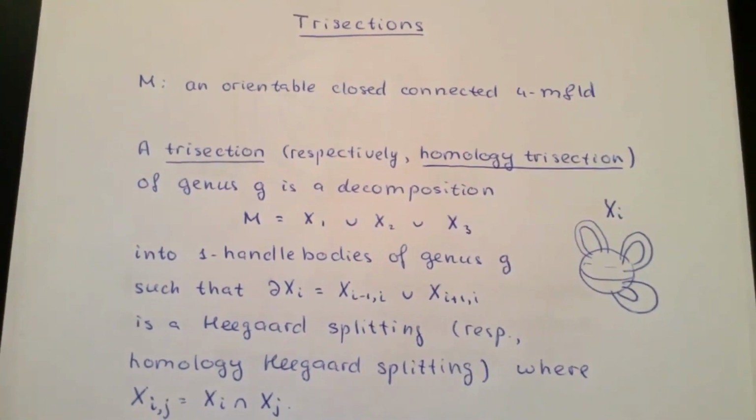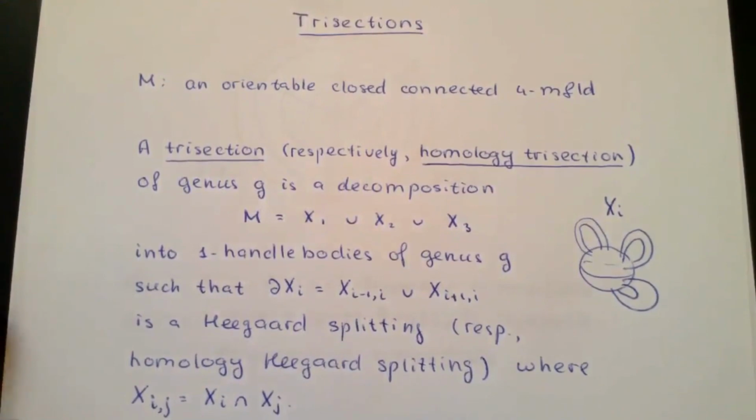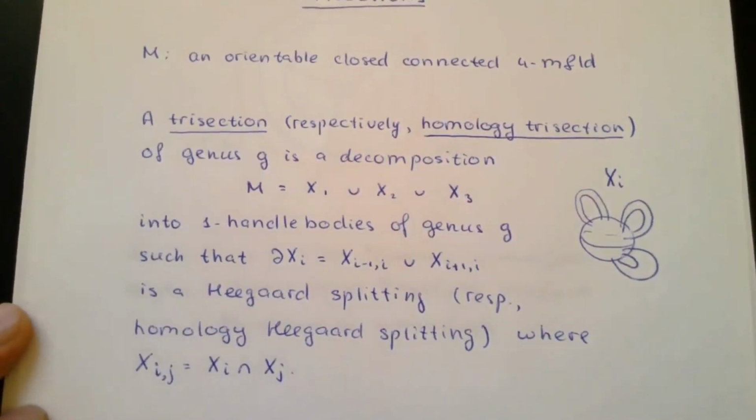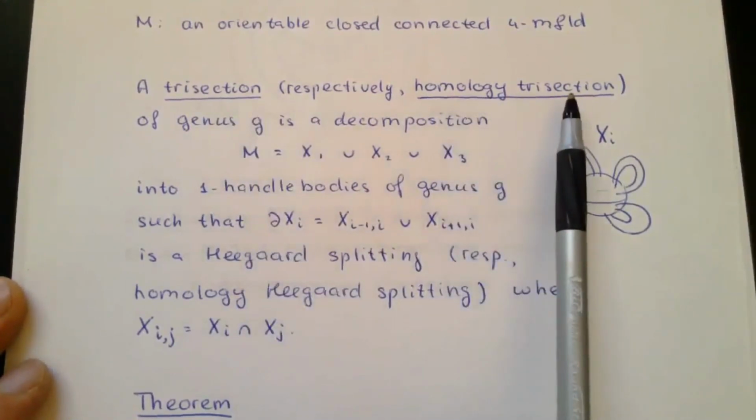Recently, in four-dimensional manifolds, there appeared a new technique which is called trisections. Trisections turned out to be a very powerful tool for studying four-dimensional manifolds. So let M be an orientable closed connected four-dimensional manifold. I will define at the same time a genuine trisection and a homology trisection.